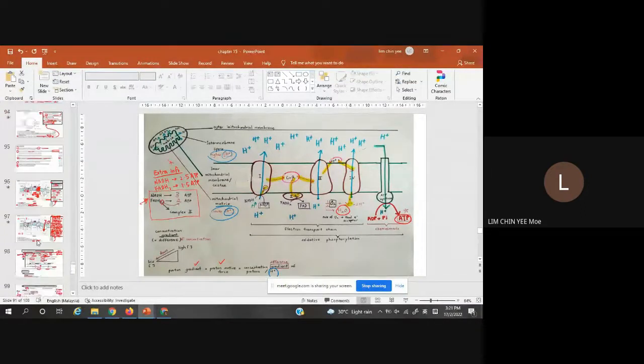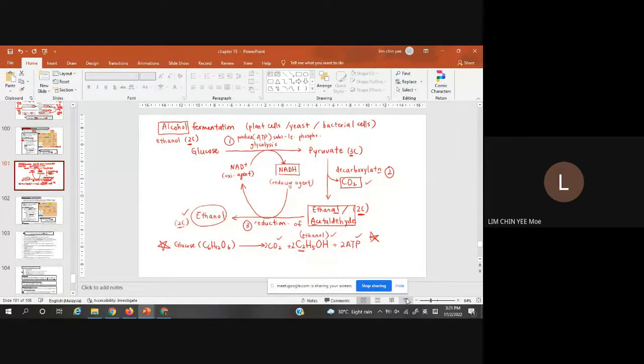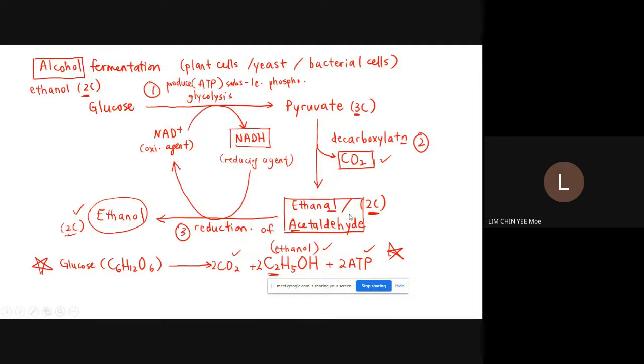But when we talk about the final electron acceptor in alcohol fermentation, kita kena tengok berhati-hati ya. Alcohol fermentation, apa yang last terima elektron? First, you kena tahu elektron tu dari mana. NADH sebagai reducing agent, you nampak dia nanti jadi NAD+. Maksudnya dia dah hilang H and electron.